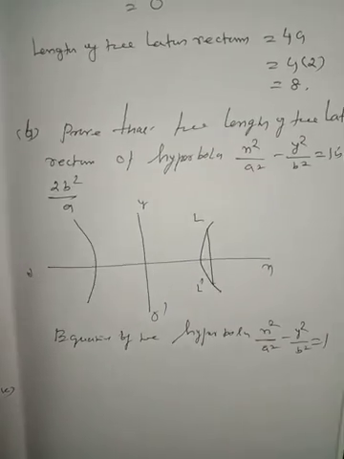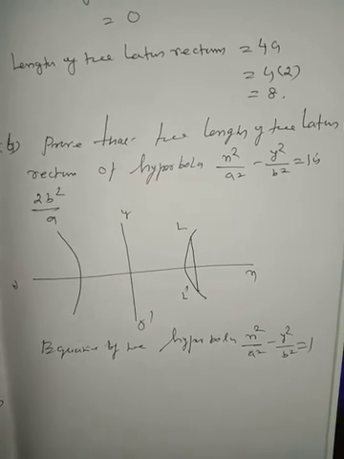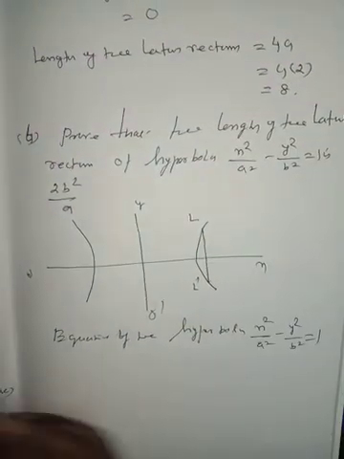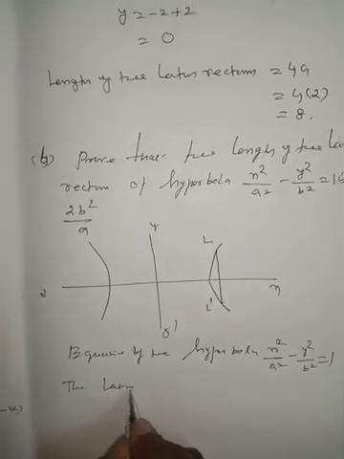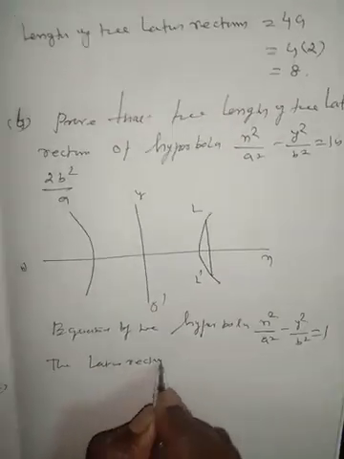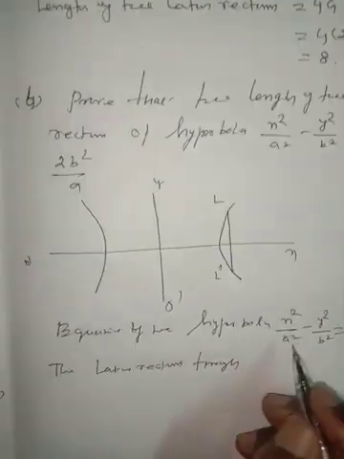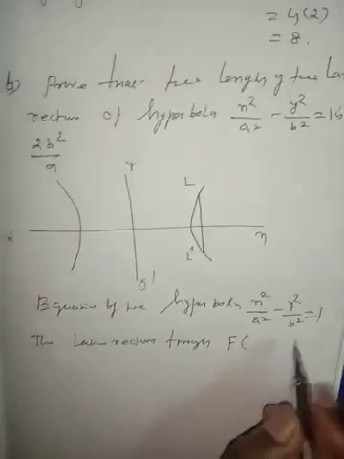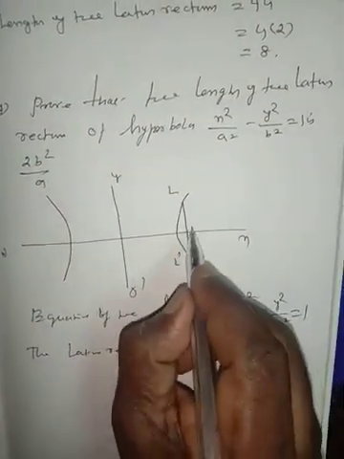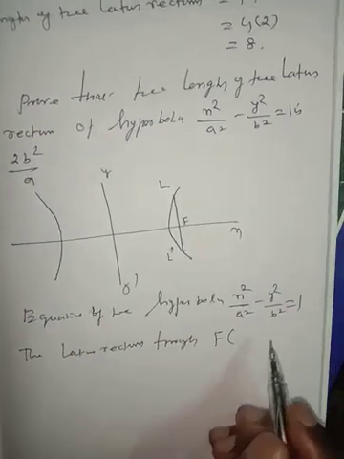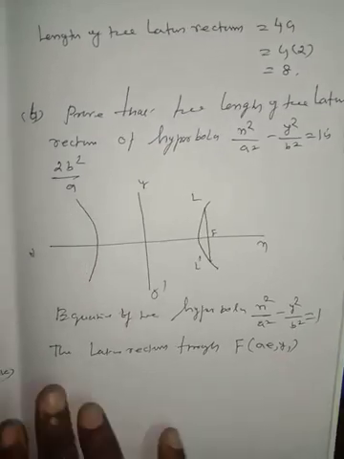The latus rectum LL dash passes through the focus capital F. F is ae comma y1.